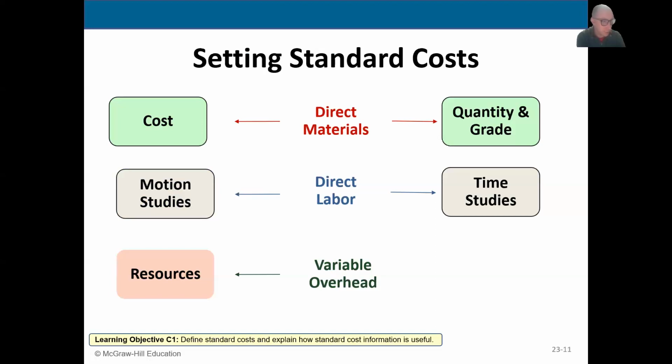Grade indicates the level of quality of the raw materials. So the normal quantity and grade means quantity and quality of the raw materials. That's what that means, yeah? So I take what I normally pay for it times the normal quantity and quality that I would purchase. That's how I set the standard cost for direct materials.